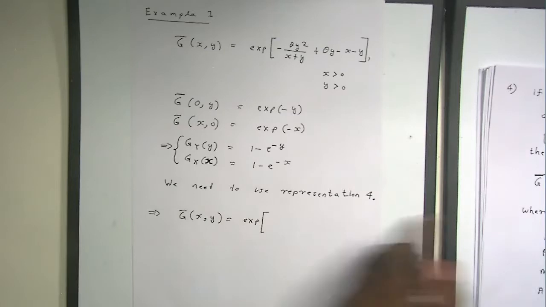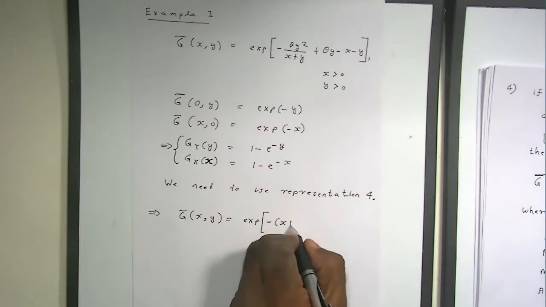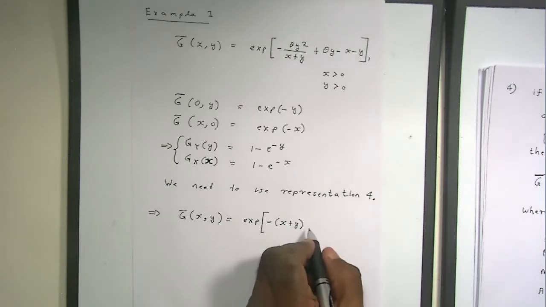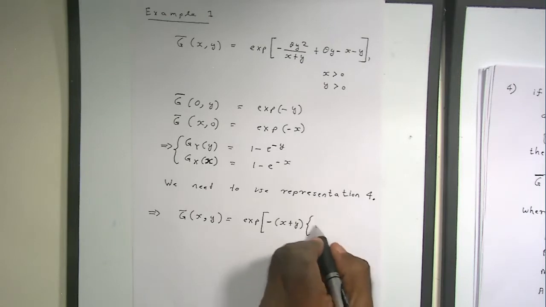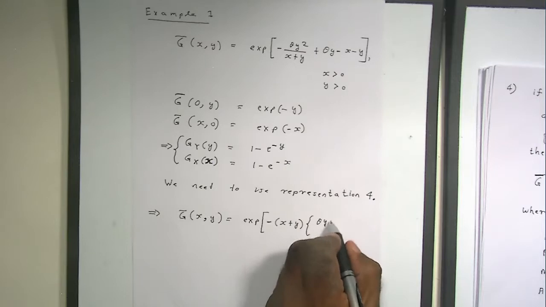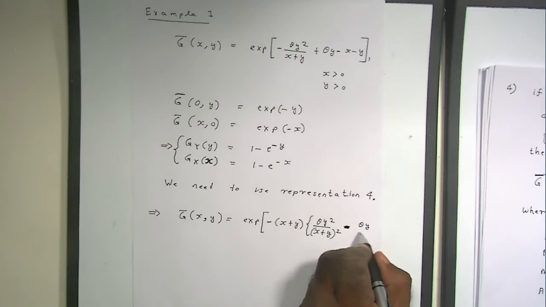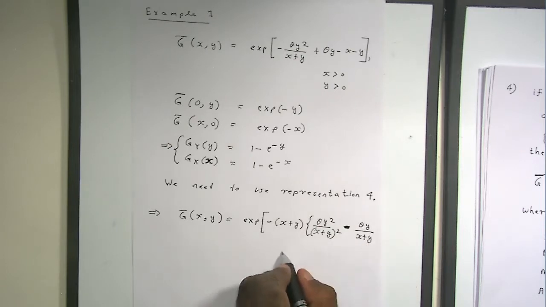To write it in this form, guys, you need to pull out minus x plus y. So if you pull out minus x plus y, what do you have inside? You have the following inside: theta y squared over x plus y squared, minus theta y divided by x plus y, then plus 1, close bracket.